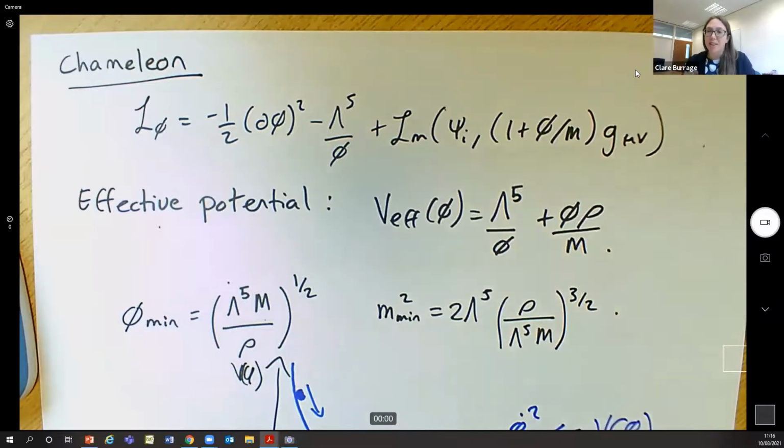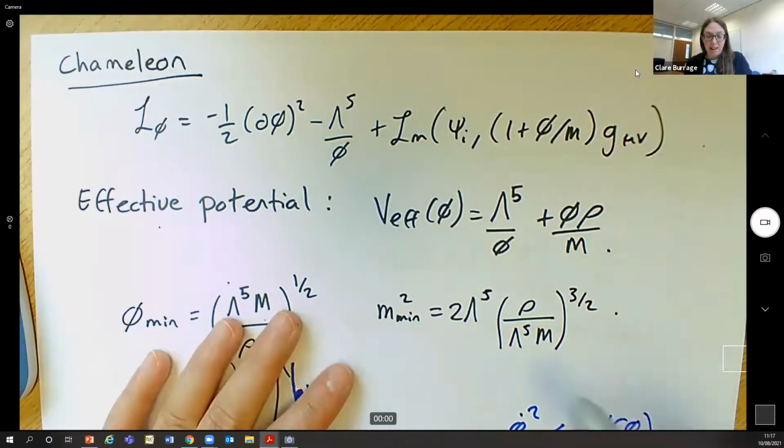There are other choices of potential and coupling function that you can make, where you can argue that there are reasons for choosing those operators as the relevant ones, and other higher order operators are negligible, or at least subdominant.